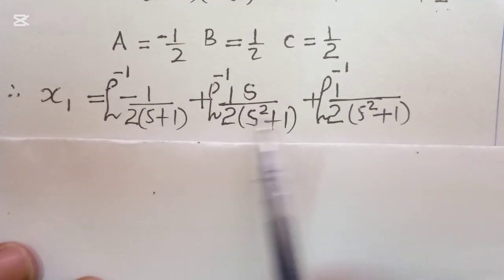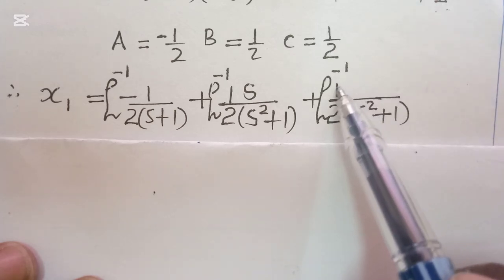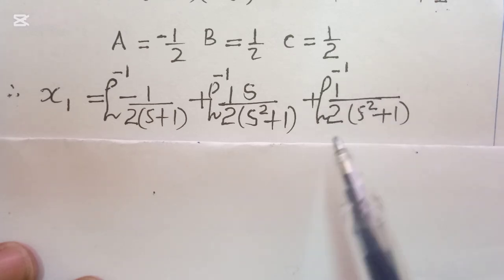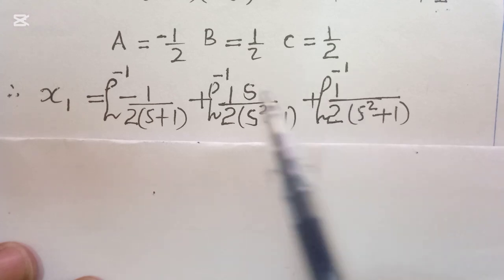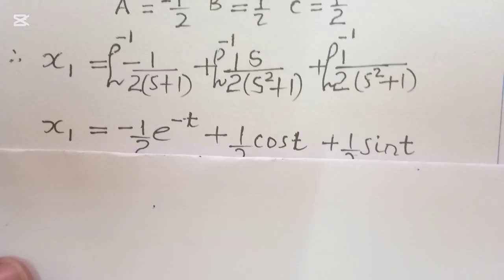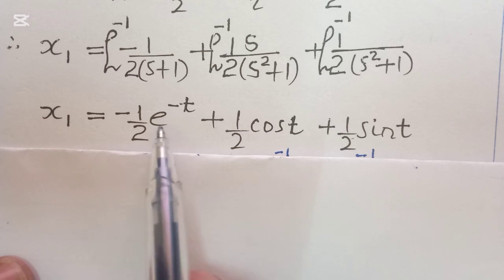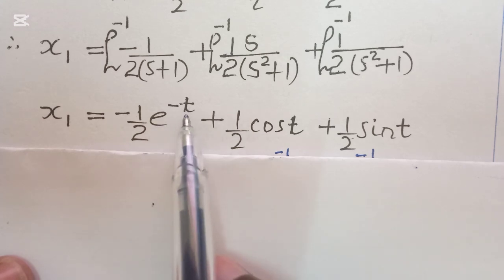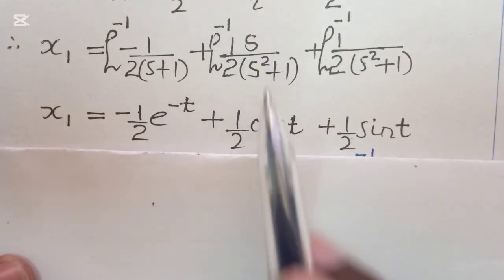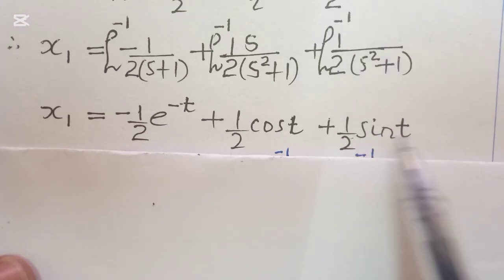You can see these are three, because the C we got is here, which is a half, and B is also a half, and A is negative a half. So when we find the inverse Laplace transform of that, for the first one we have negative a half e raised to negative t, plus a half cos t, plus a half sin t.